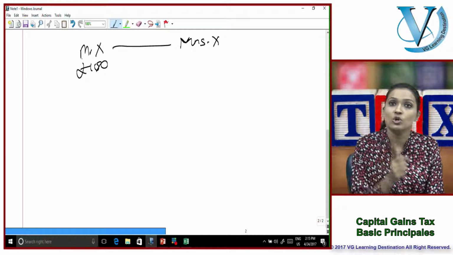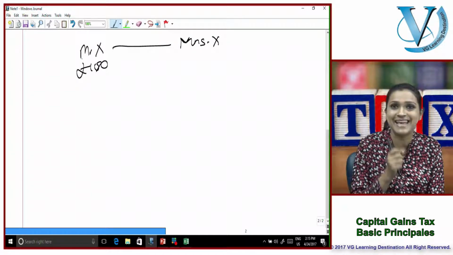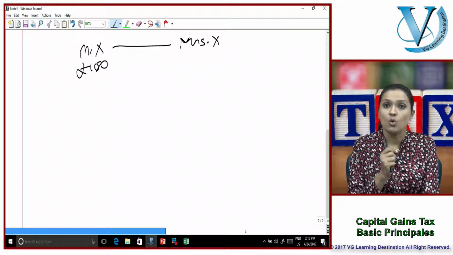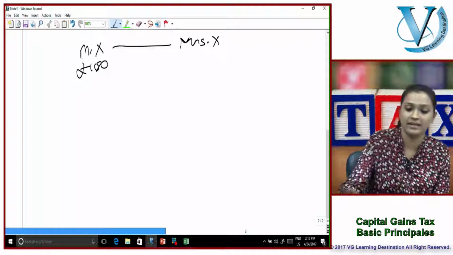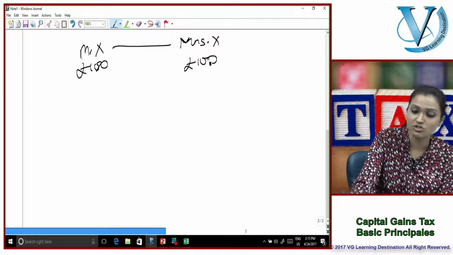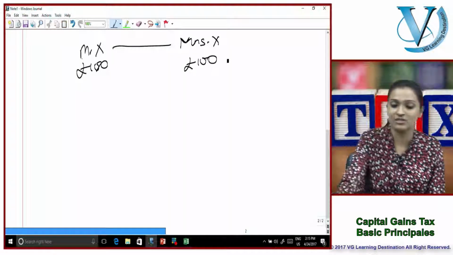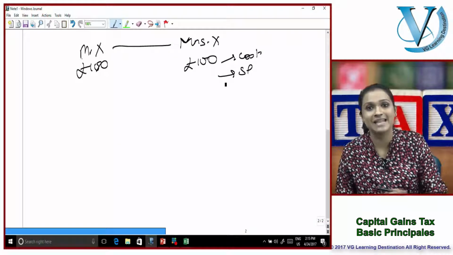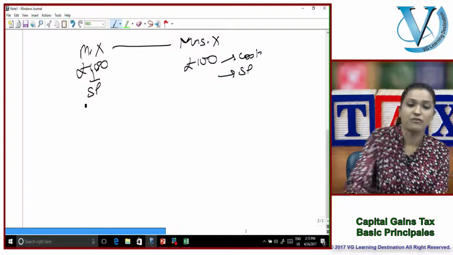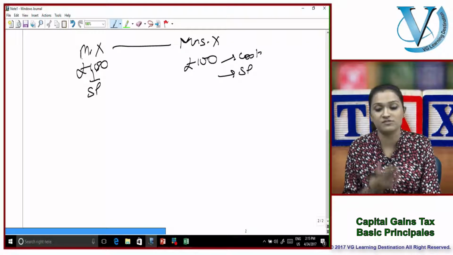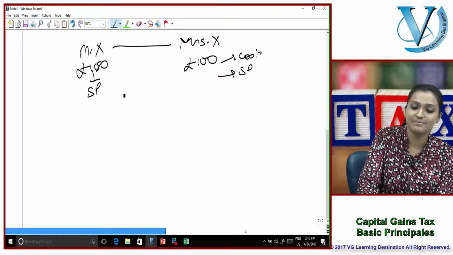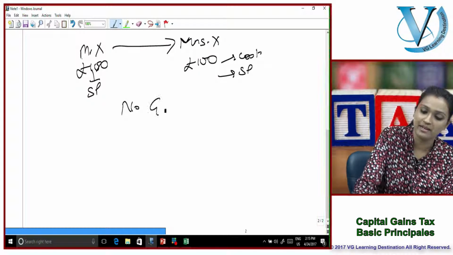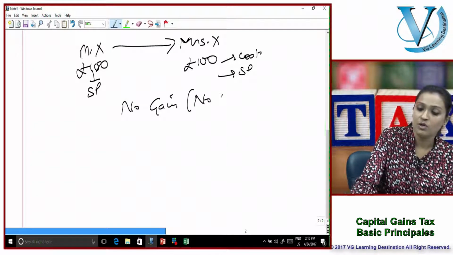Definitely at no gain, no loss. So the same cost of £100 which Mr. X had incurred now becomes the cost of Mrs. X. So this is the selling price for Mr. X and this becomes the cost for Mrs. X. It has been transferred at no gain, no loss.